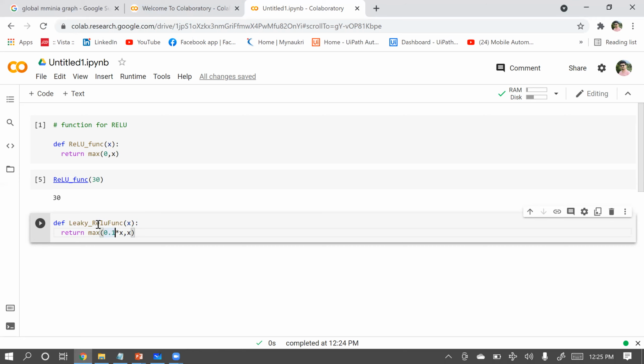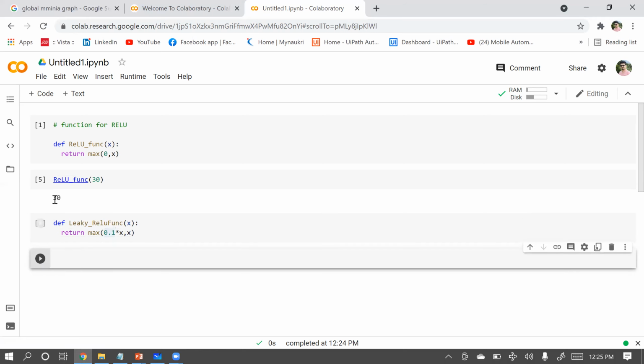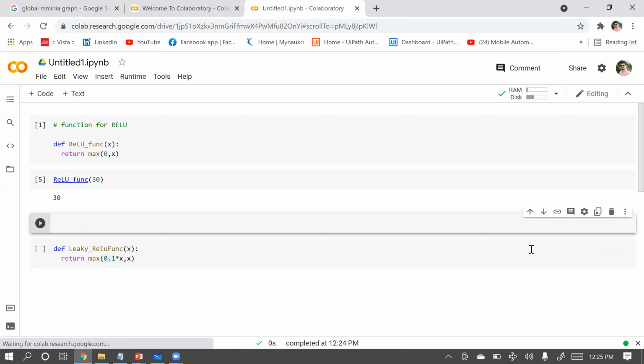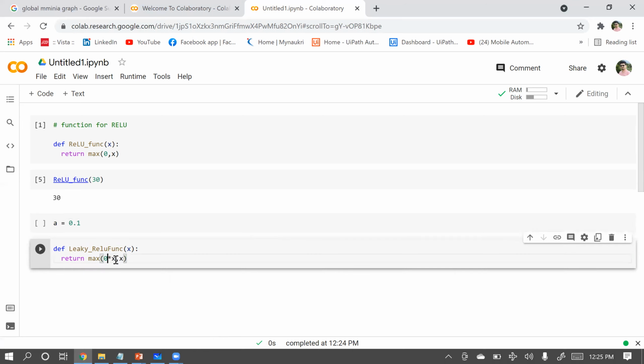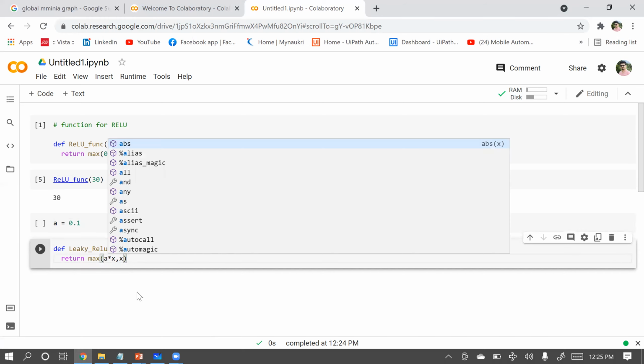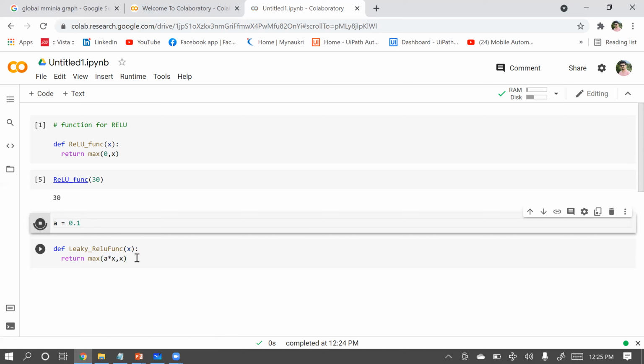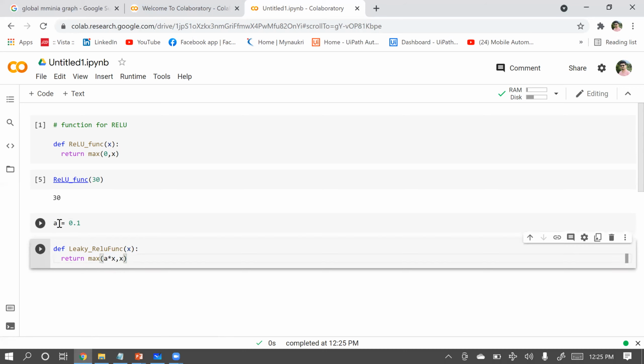For better understanding, we'll do it like this: a is equal to 0.1. We'll pass the value a over here and execute this. This is a hyperparameter value; you can tune it in your hyperparameter tuning method.